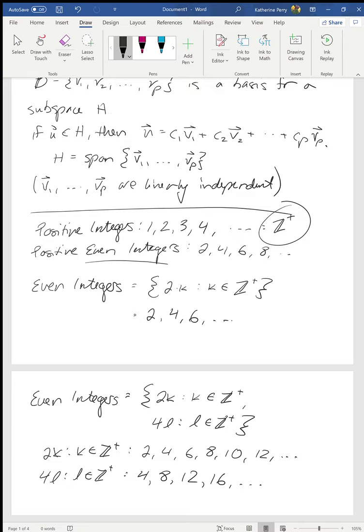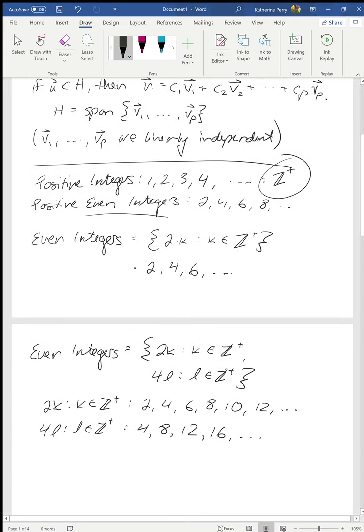And notice, this second kind of description here doesn't get me every even integer, but it still gets me some. But the thing is that this collection up here does get everything. And so it makes it so that the second set, if I include it in the description, isn't adding anything.